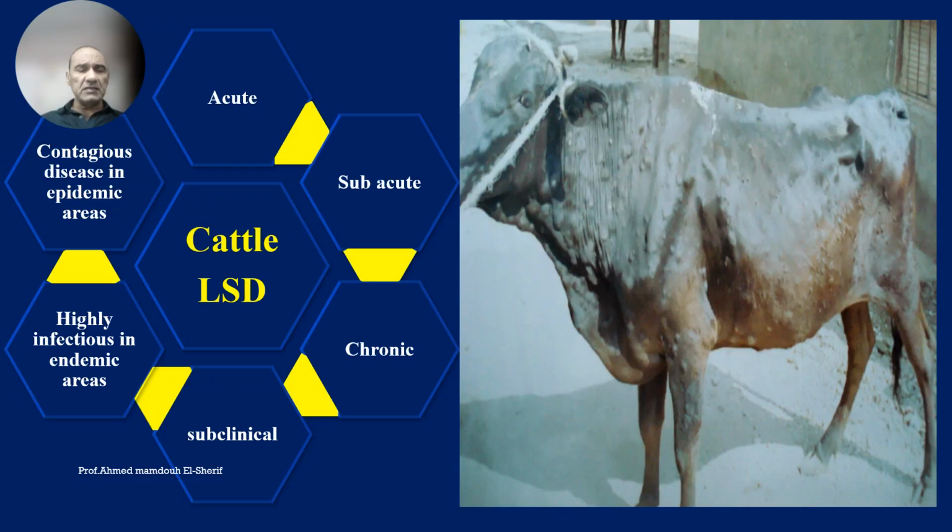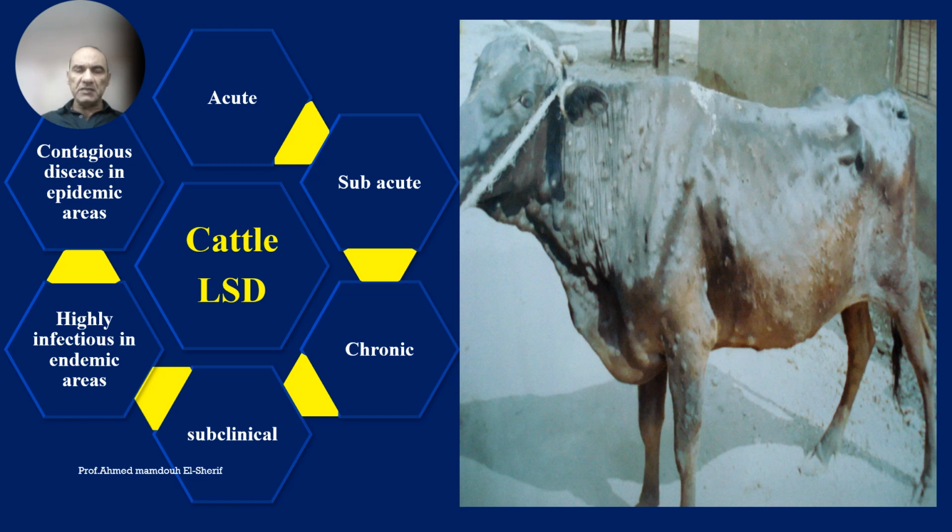Lumpy skin disease is a highly infectious disease in endemic areas, but it is a contagious disease in epidemic areas. In endemic areas, the animal shows subclinical and chronic stage of the disease.